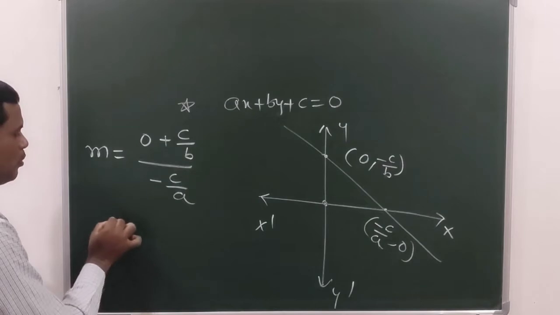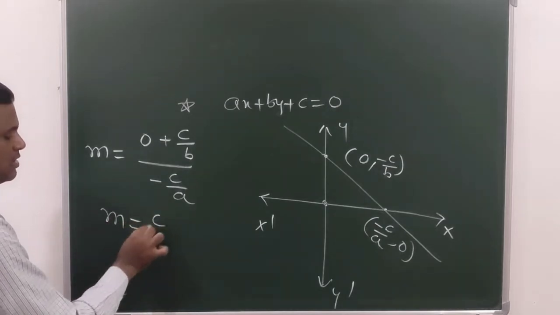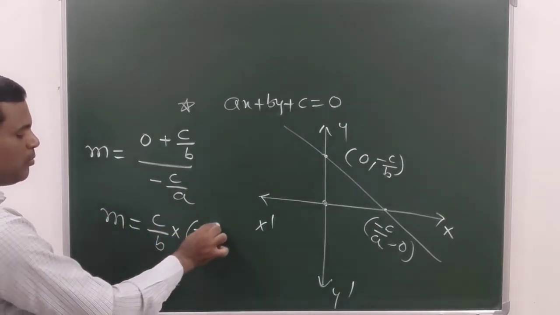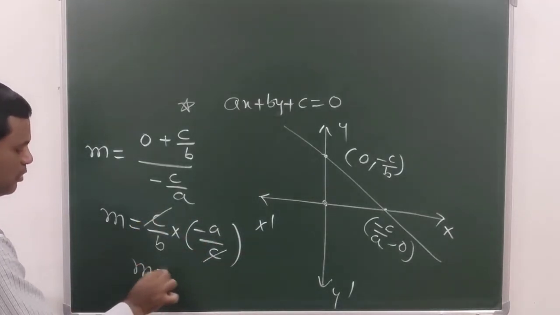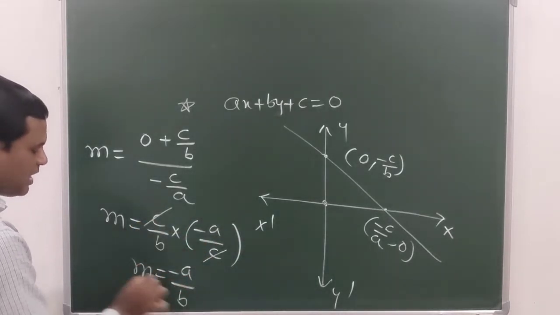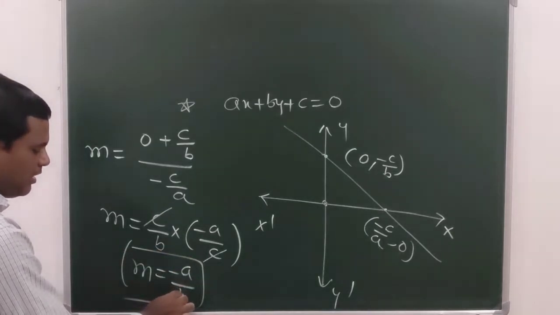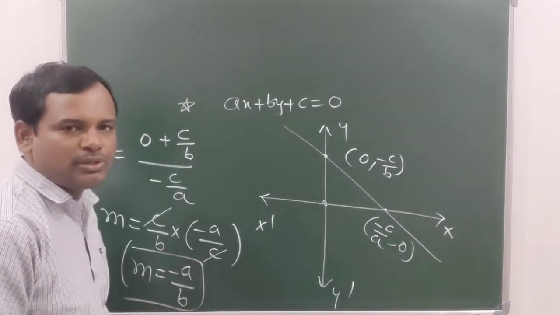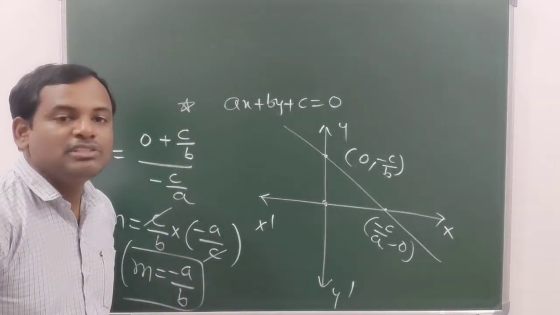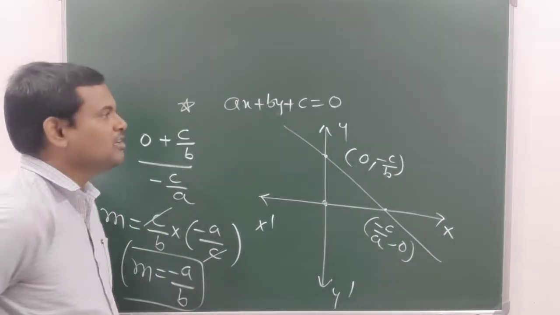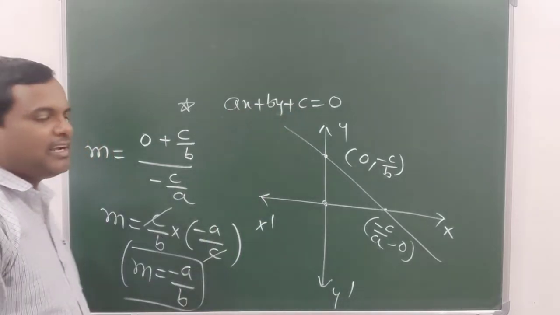Now go for simplification: c by b into minus a by c. c cancels. Now m is equal to minus a by b. As I said, a and b are not equal to 0. So here m is equal to minus a by b is the slope of this straight line.